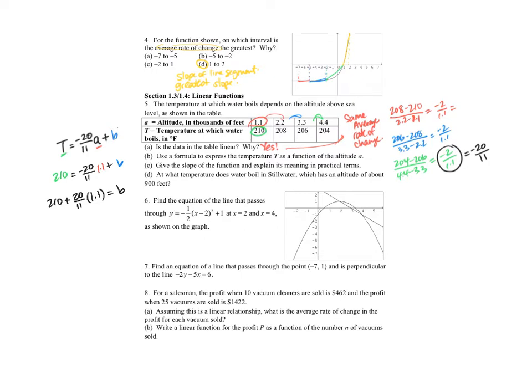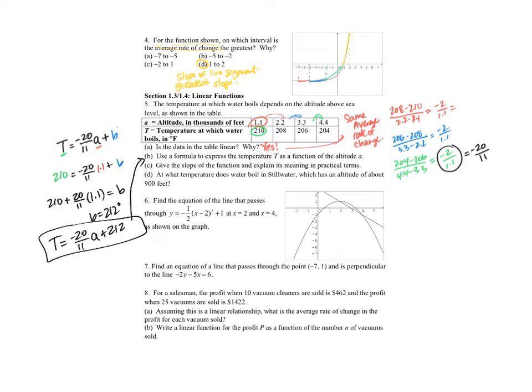It's 212, and that's in degrees Fahrenheit. So now I can write down my formula. It's T equals negative 20 over 11 A plus 212. So that is the answer to part B.